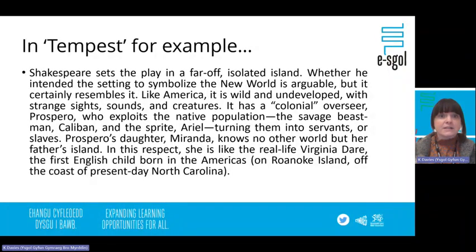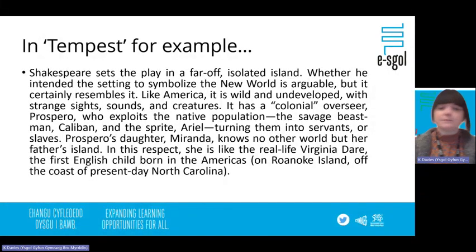It does have this colonial overseer, Prospero, who exploits the native population, and the savage beastman who we know as Caliban, the sprite or little spirit, Ariel, who has these magical powers, turning them into servants or slaves.